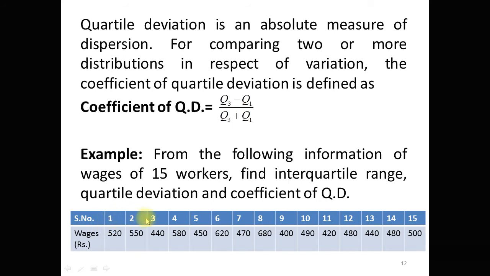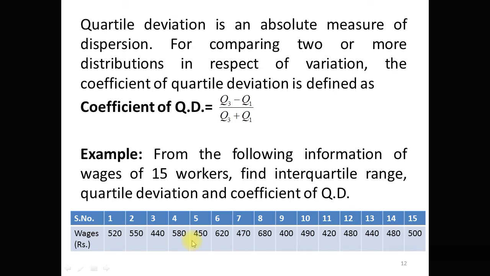Serial number means that there are 15 wages: 520, 550, 440, 580, 450, 620, 470, 680, 400, 490, 420, 480, 440, 480, and 500. So these are the 15 wages.